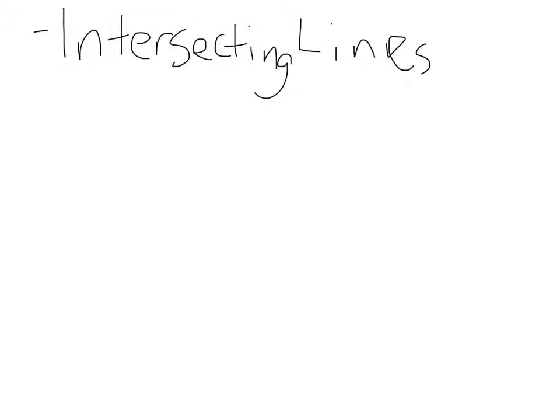So let me just draw a couple of examples. This would be, we'll guess, line AB, and just pretend it's straight. So here's point B, and then we're going to draw another line that intersects it. It crosses it.